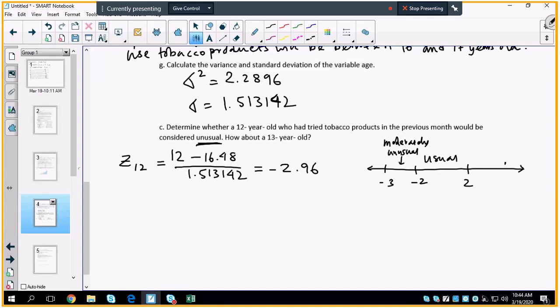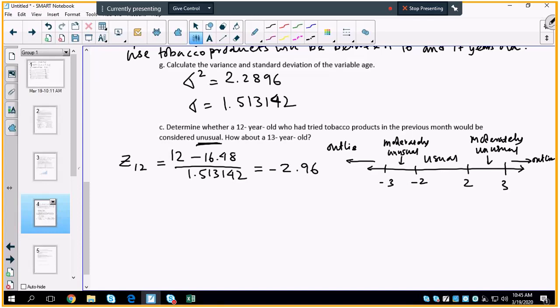And between 2 and 3 is also moderately unusual. And if you are more than 3, this area is outlier. And similarly, less than negative 3 is outlier.